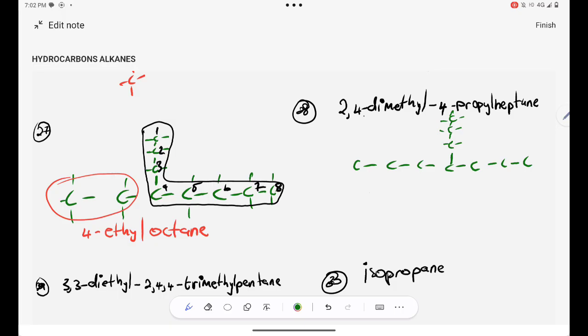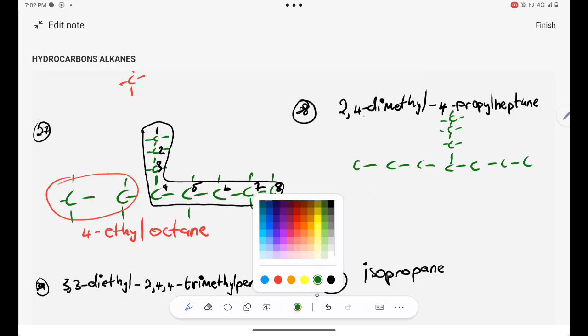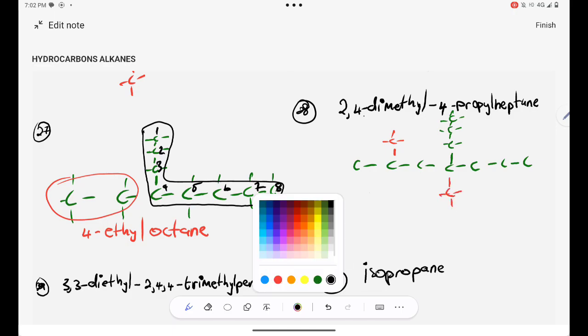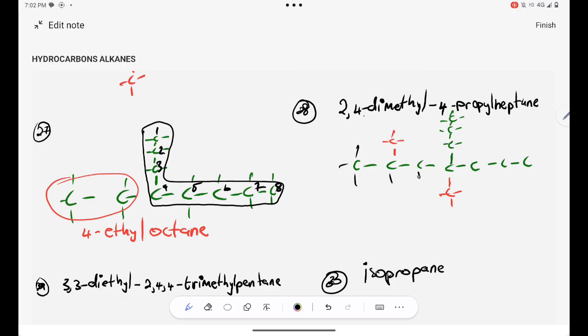And then carbon number 2 and 4, I have my dimethyl over there. All I have to do, guys, is to write down the hydrogens. Now this thing makes sense, right?